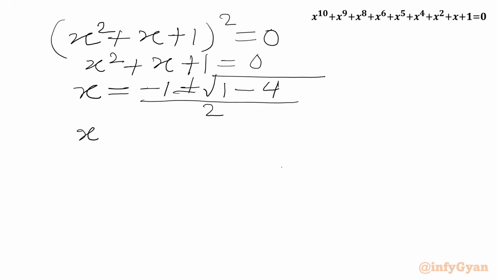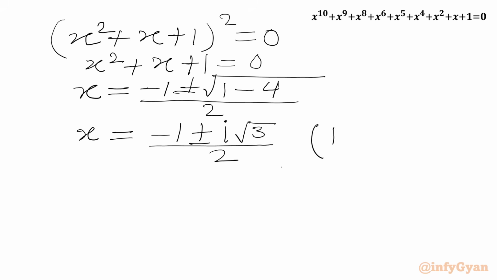So we can write here x will be equal to minus 1 plus minus i square root 3 over 2 with multiplicity 2. So we have overall 4 solutions, 2 with plus sign in between and 2 with negative sign in between.